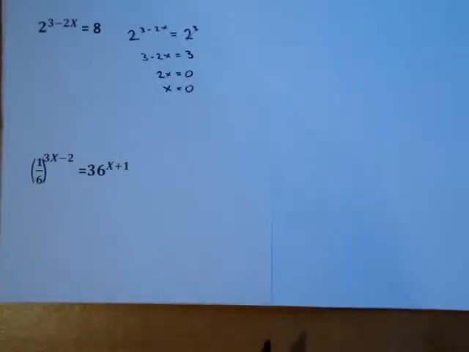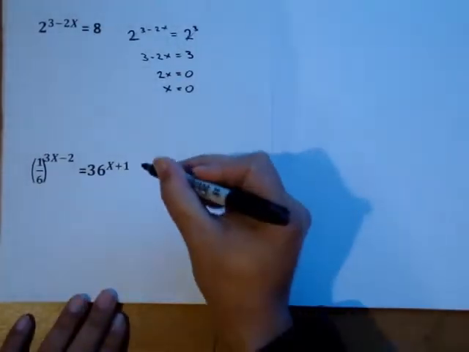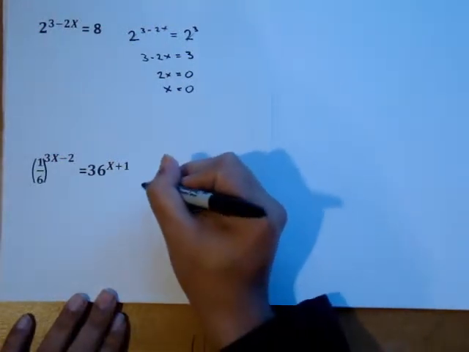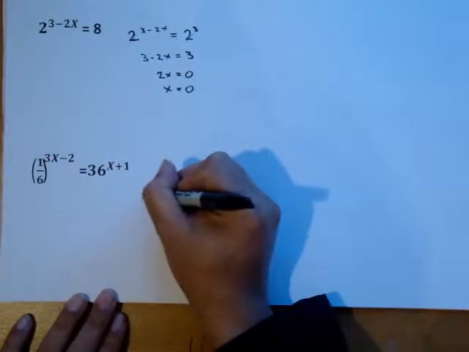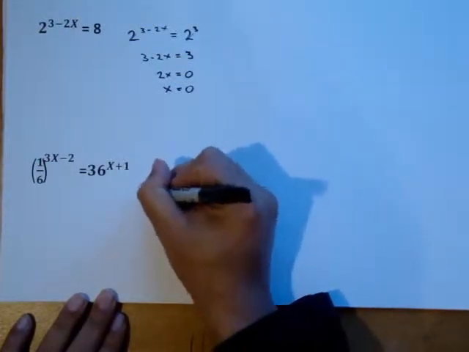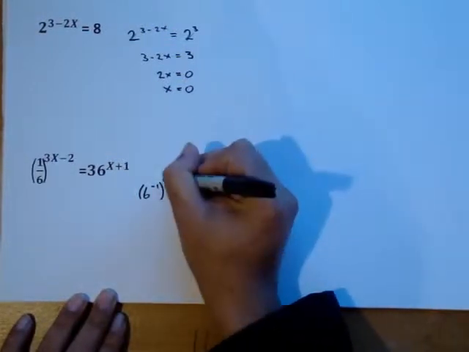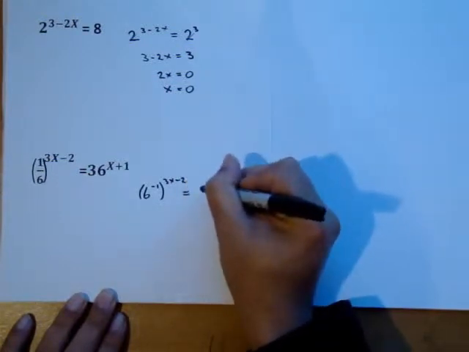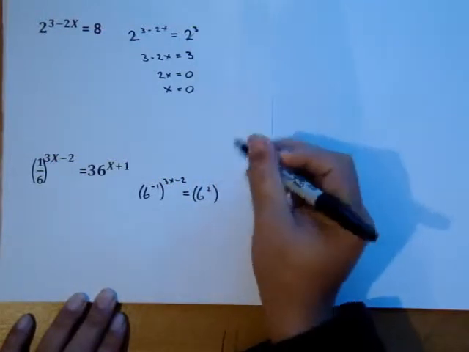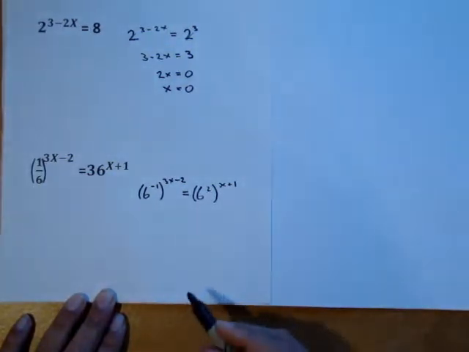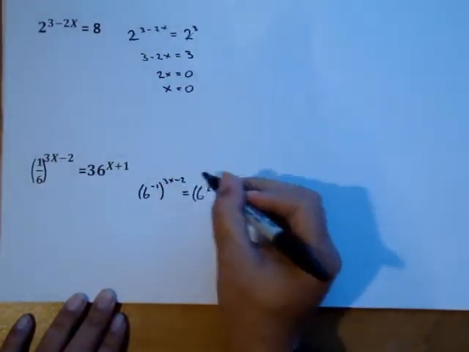In this one, again let's make the bases the same. So 6 to the minus 1, 3x minus 2. 36 is nothing but 6 squared, and we've got x plus 1 as the power. Now let's get rid of the brackets by multiplying out.